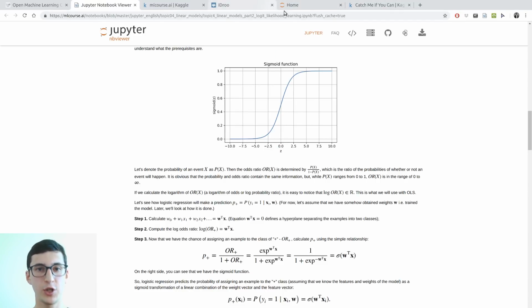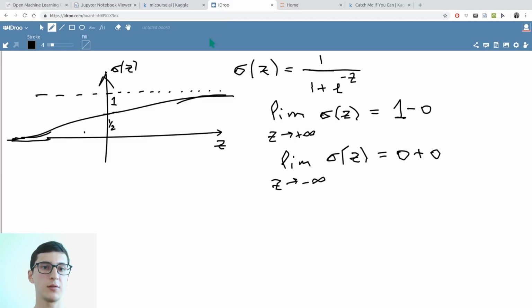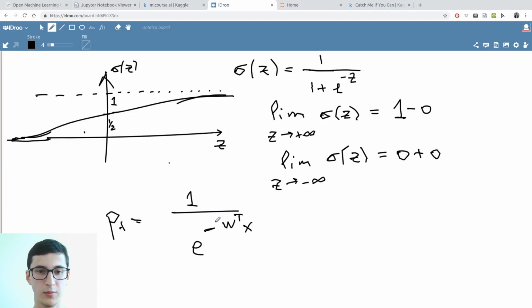So what logistic regression actually does is it calculates w transposed x, then exponentiates it with minus, and then converts to the sigmoid function, 1 over 1 plus this expression.